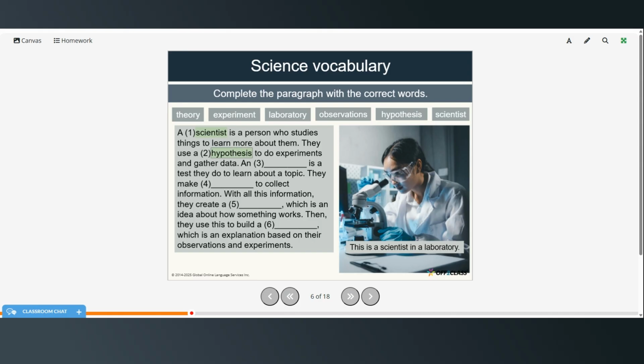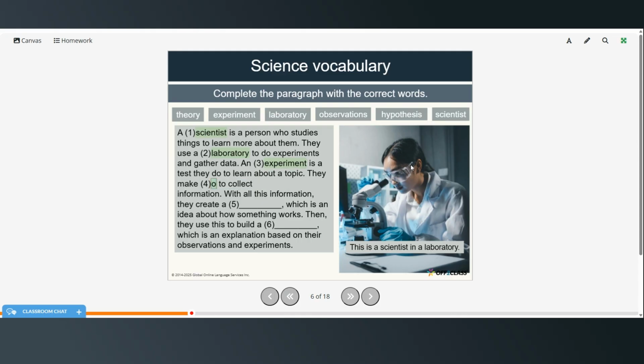They would use a laboratory to do experiments and gather data. An experiment is a test that they do to learn about a topic.